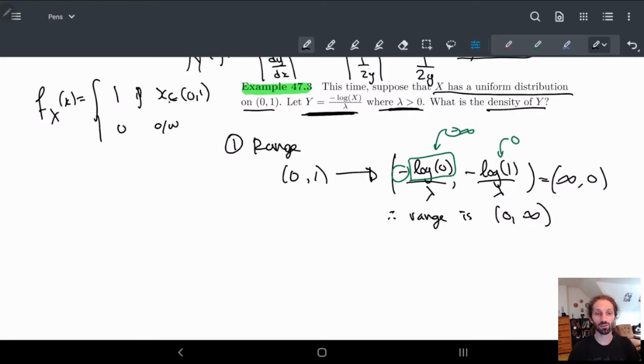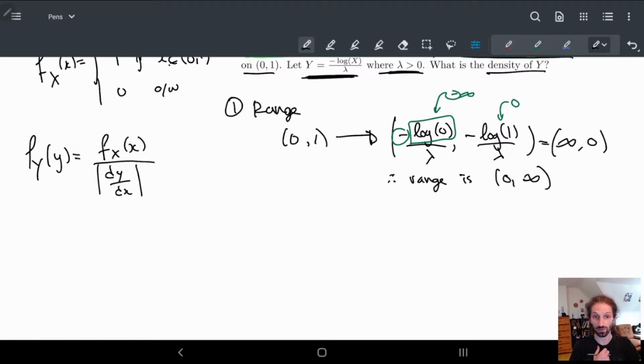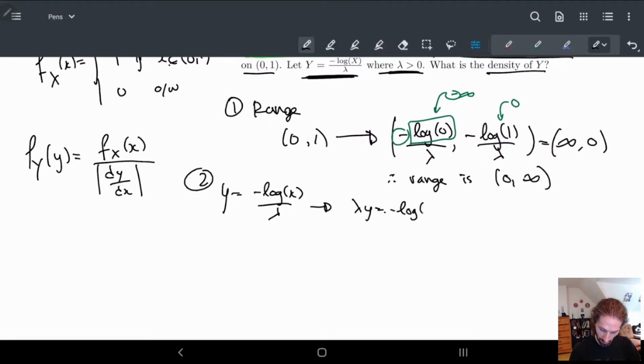And then we have to solve for x in order to find the derivative. So remember the main function we had is f of y is equal to f of x times the absolute value of dx over dy. So we need to figure out these functions. If I have y is equal to minus log of x over lambda, I'm going to do the opposite because I find this easier. I have lambda y is equal to minus log of x.